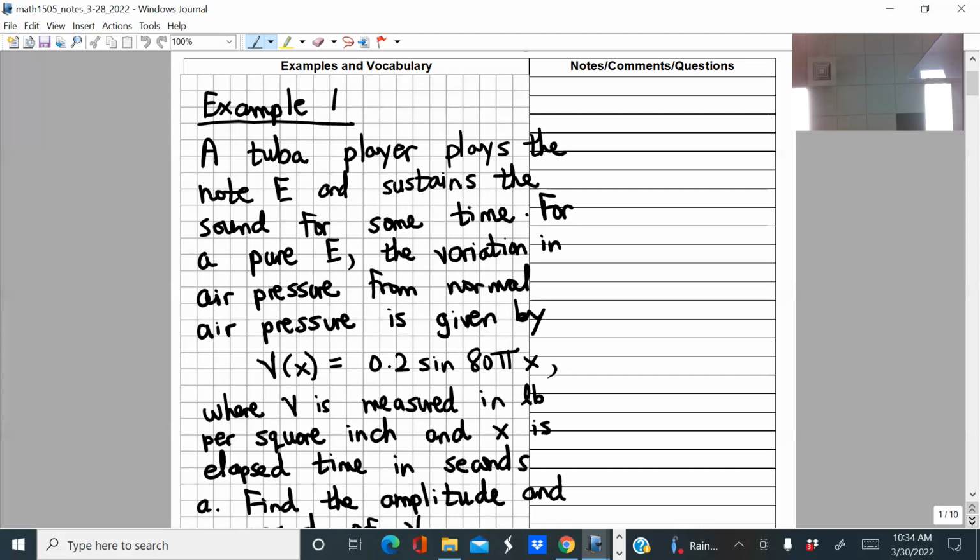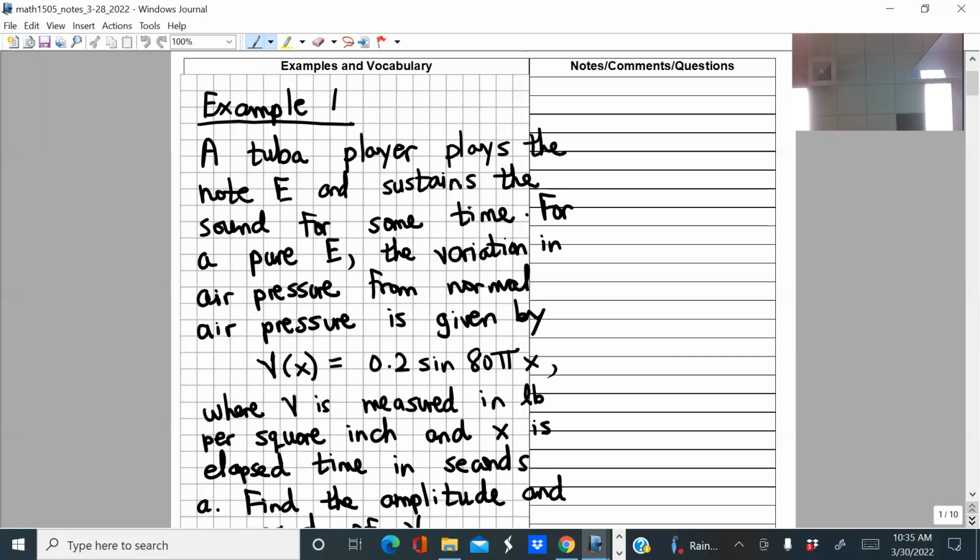And if you measure the air pressure when this particular tuba is playing this note, and measure that over time, you would get this function, which is a sinusoidal function here. Notice that the air pressure is measured in pounds per square inch, and the x, the input, is elapsed time in seconds after the note begins playing.